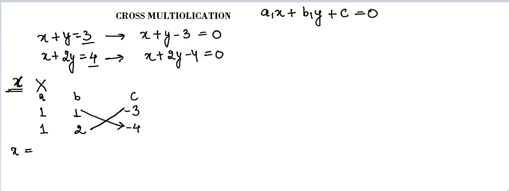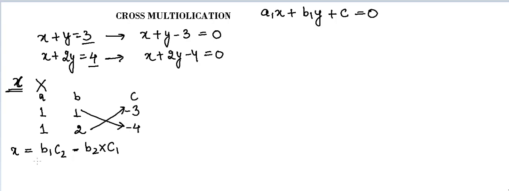So it would be my b1 multiplied with the c2 minus my b2 multiplied with the c1.